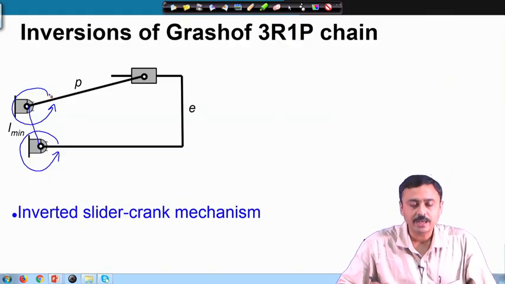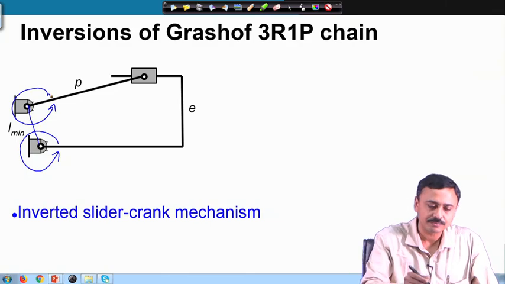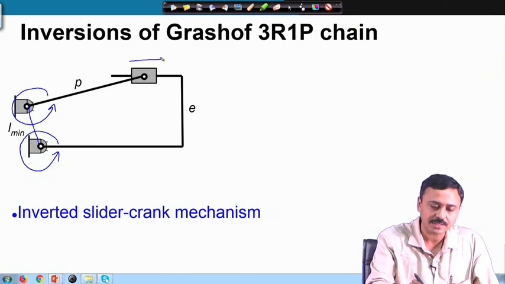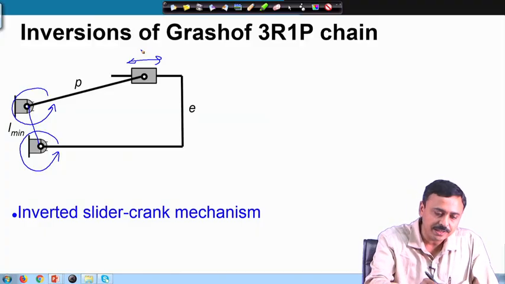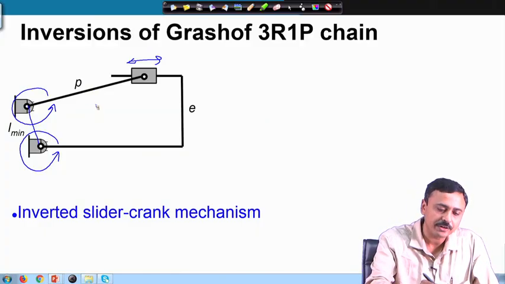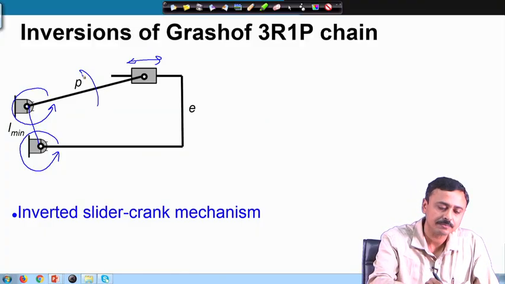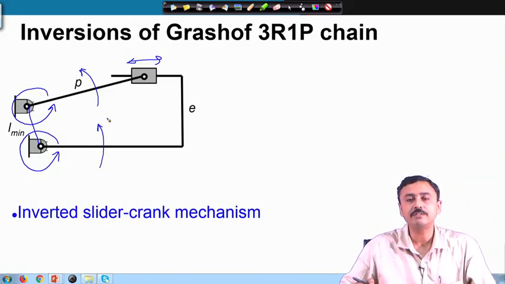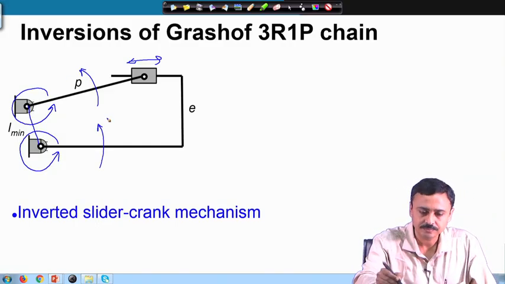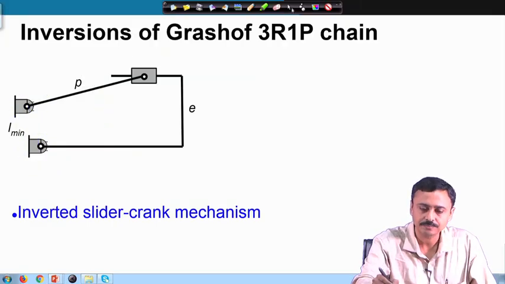So, this is called an inverted slider crank mechanism. Here we have a slider which will slide, but these two links can rotate completely. This is a Grashofian chain.